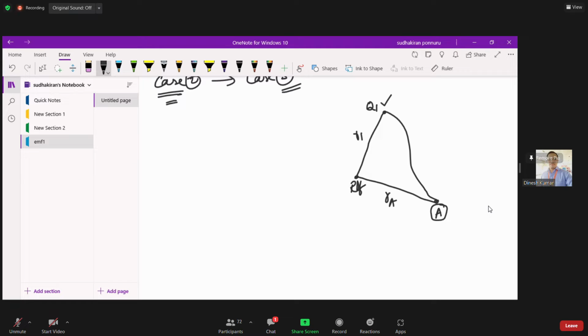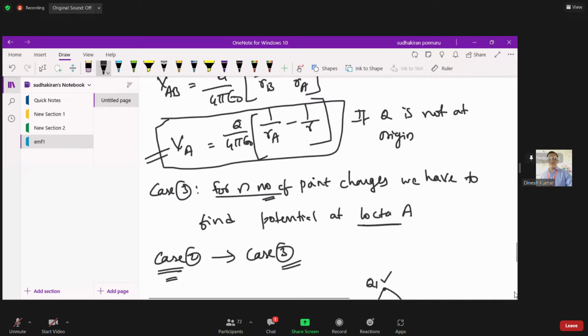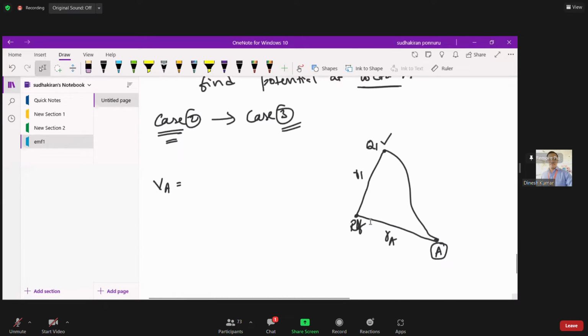So how do we write that expression? VA is equal to, earlier we have written Q divided by 4 pi epsilon naught into 1 by RA minus 1 by R. Now in place of Q, you have Q1. So that is the small modification.